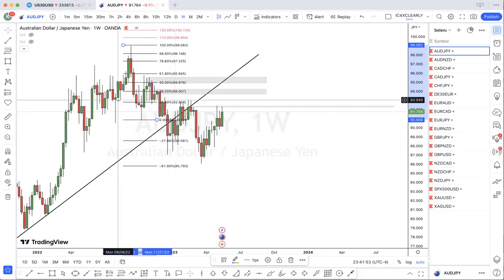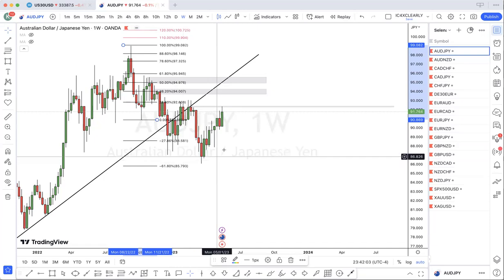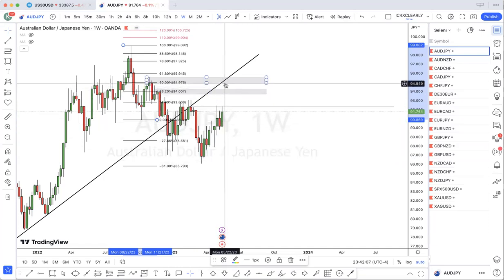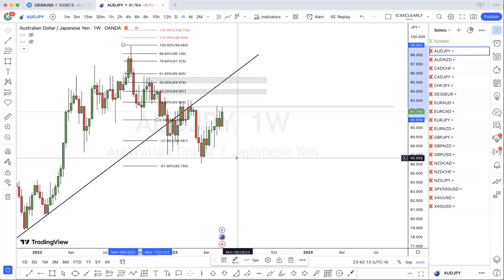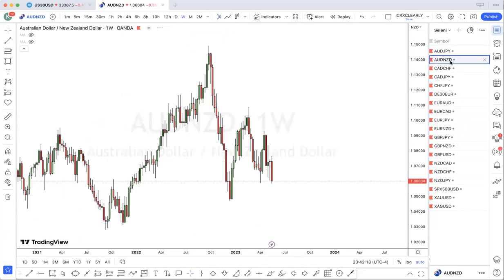Price dropped, pulled back to the 50%, and then sold to the negative 27, almost the negative 61. So price is likely going to pull back somewhere in one of these zones here to possibly continue a sell down.